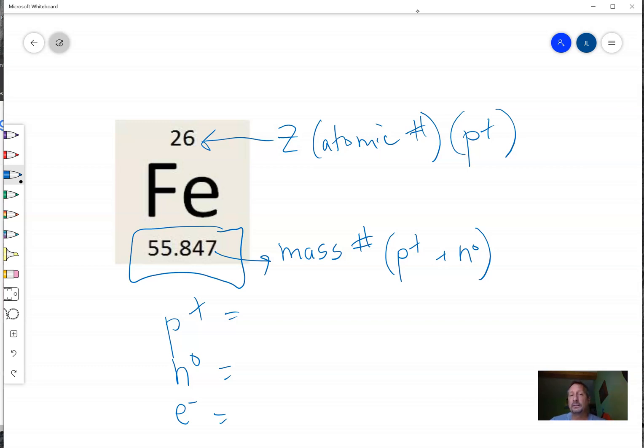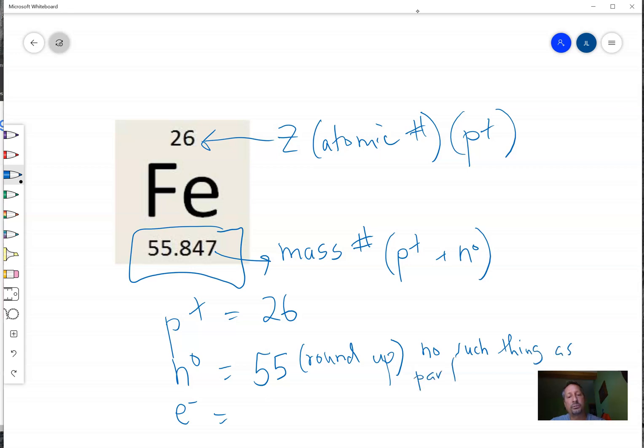You're going to be practicing this. So, protons is 26. Neutrons, 55? Is it 55? Is it 56? This is where students often round. Well, we're going to round up in this case because there's no such thing as a partial neutron.